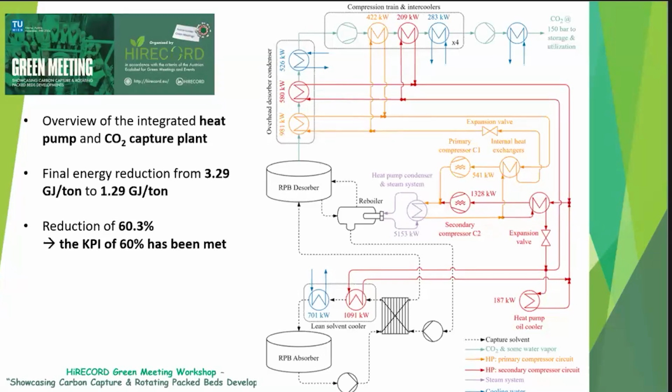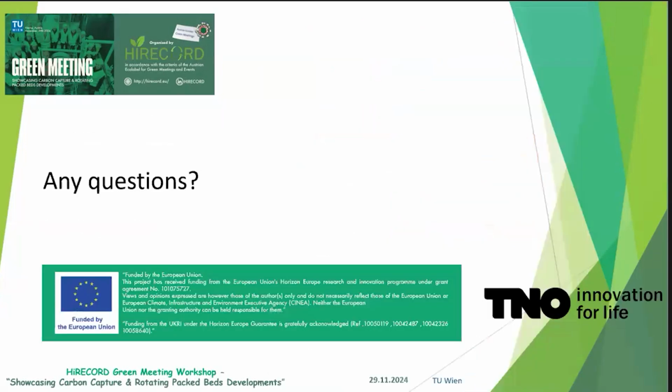If you consider electricity, the stuff you actually pay for, you end up with 60.3% of energy reduction. So in the end, we reached this KPI of 60%. That was it from my side.